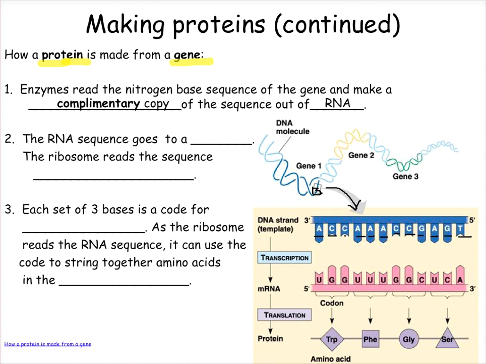But remember, the copy that is made is going to be a complementary copy, and it's going to use RNA nucleotides instead of DNA nucleotides.